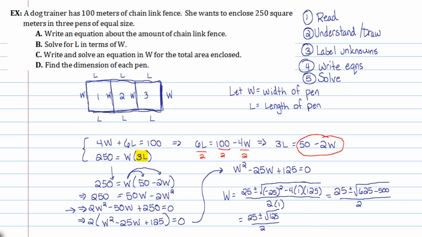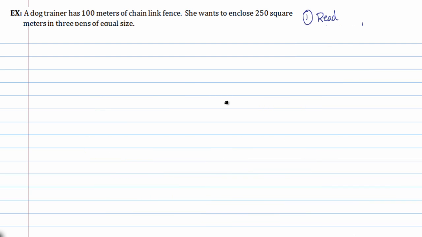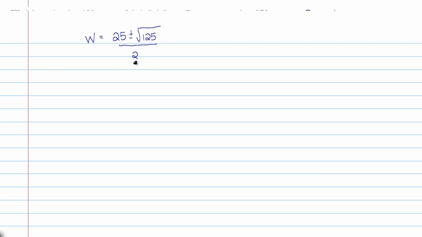So let me write this on a different page so that we have the widths here nice and clean. So this is 25 plus or minus the square root of 125, all being divided by 2. And if you want to simplify this, you can tell that 125 is the same thing as 25 times 5, and that the square root of 25 times 5 can be broken up.